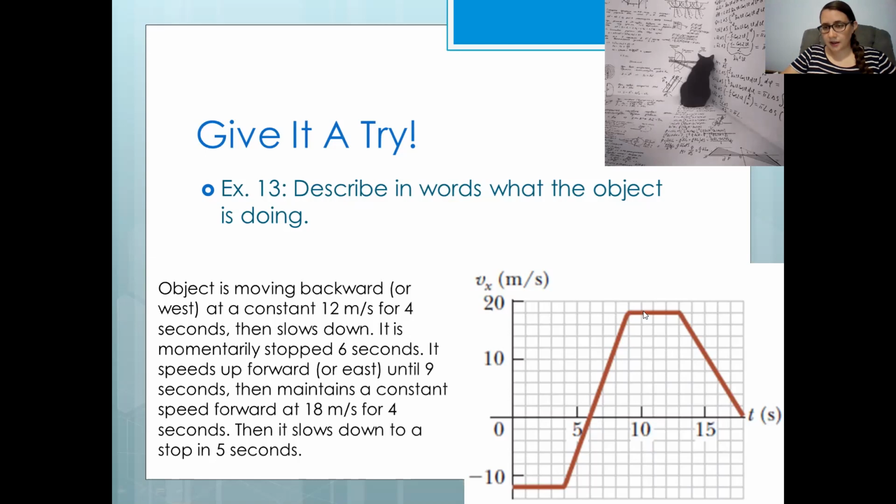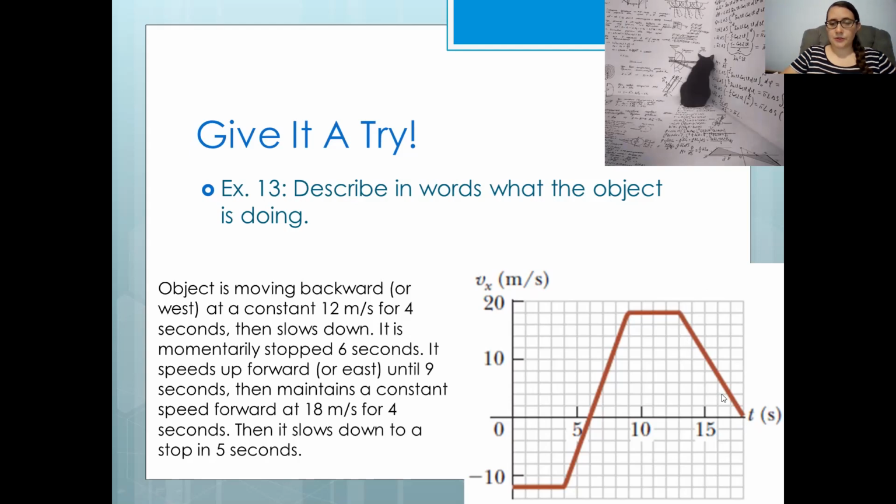Then from 9 to 13 seconds, it's traveling a constant 18 meters per second east or forward or up, whatever your positive direction is. And then we see the velocity decreases back to 0 at 18 seconds.